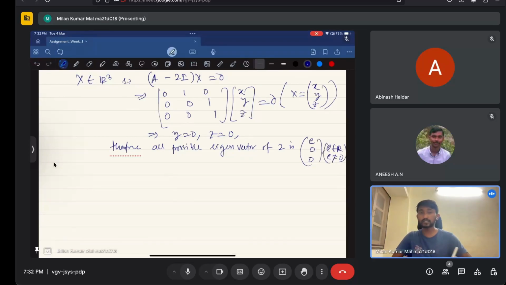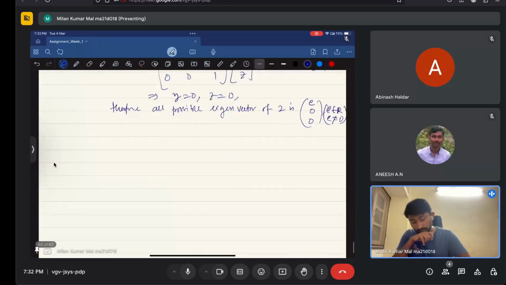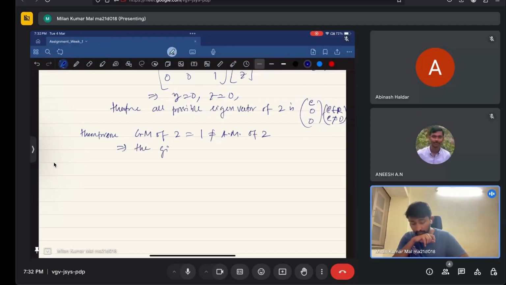So the eigenspace has dimension 1, therefore the geometric multiplicity of 2 is equal to 1, which is not equal to the algebraic multiplicity of 2. Therefore the given matrix is not diagonalizable.